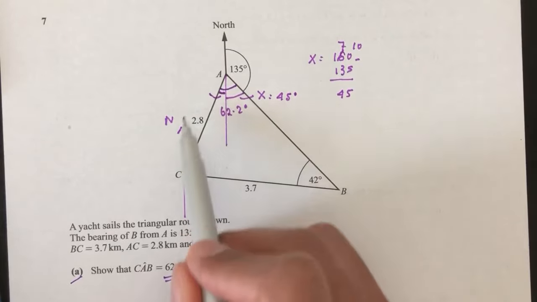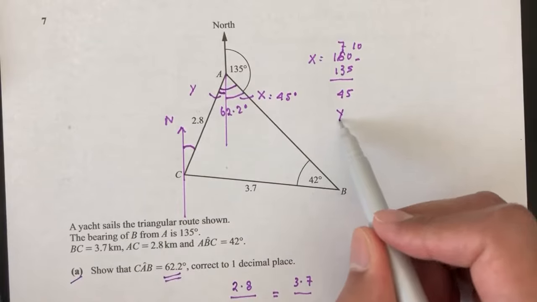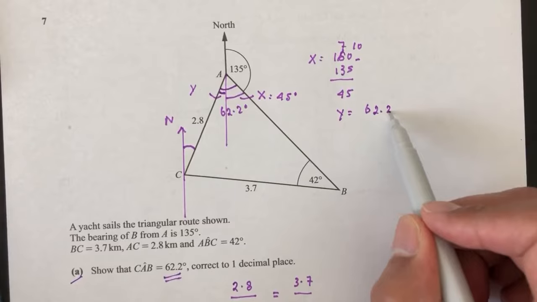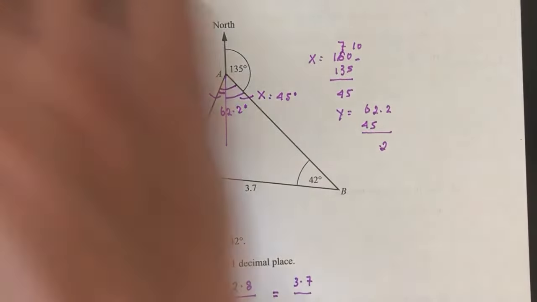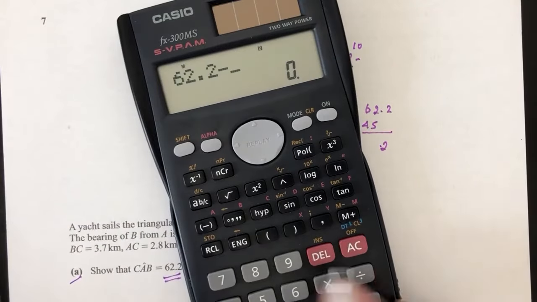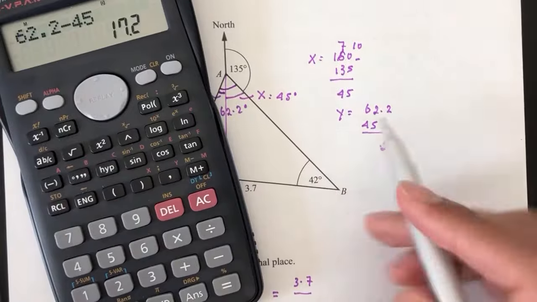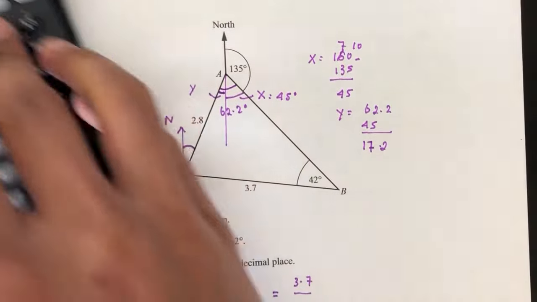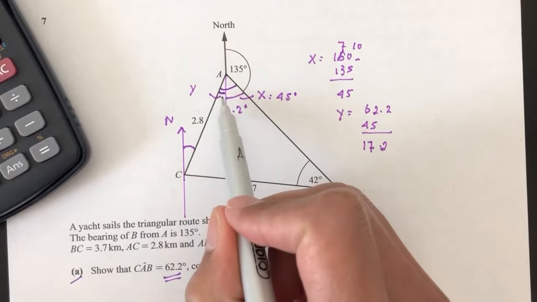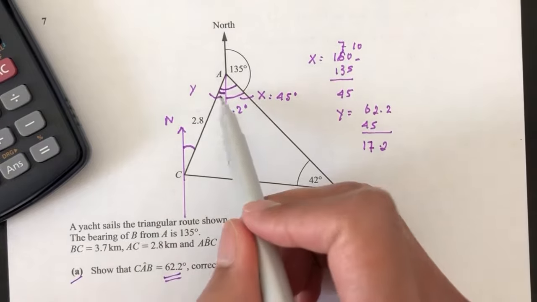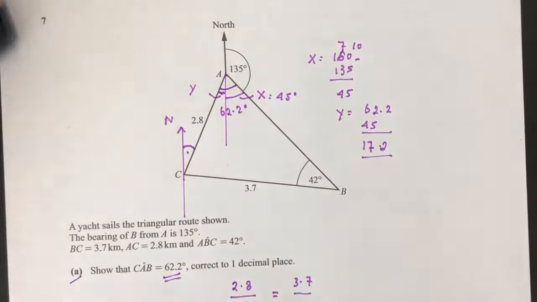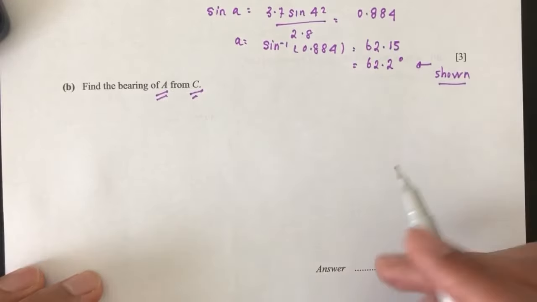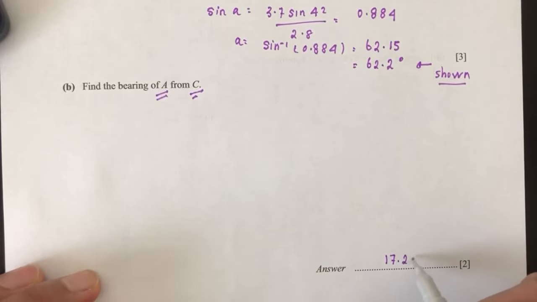So this one, let's call it Y. Y will be 62.2 minus 45, that will be 17.2. So angle Y here will be 17.2. If this is 17.2, this also will be the same. So your answer for the bearing of A from C will be 17.2 degrees.